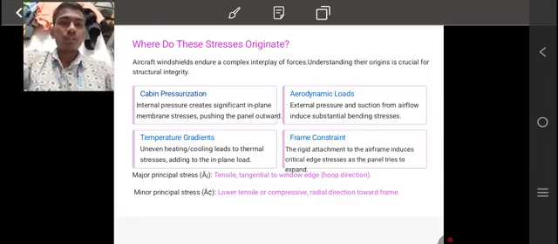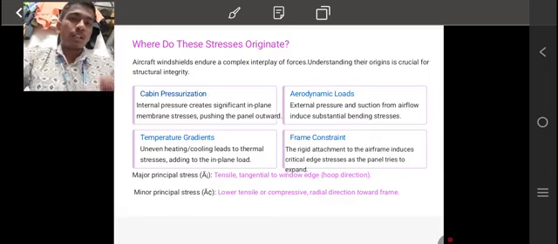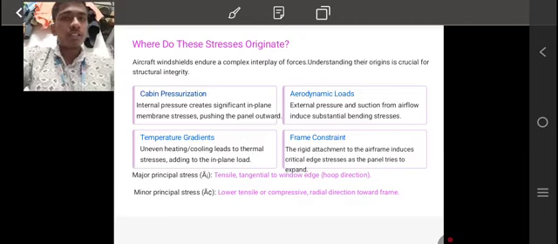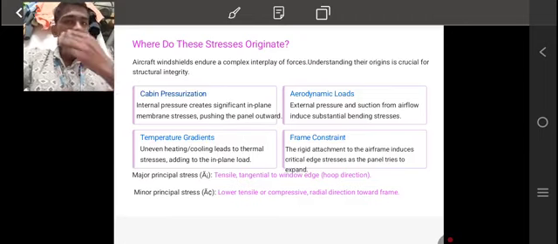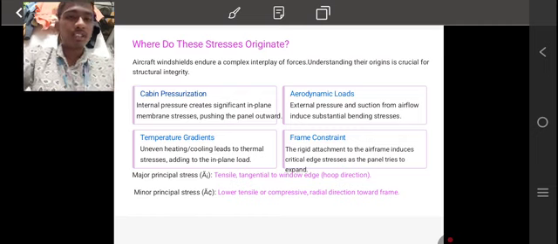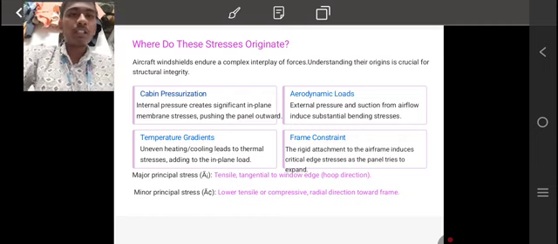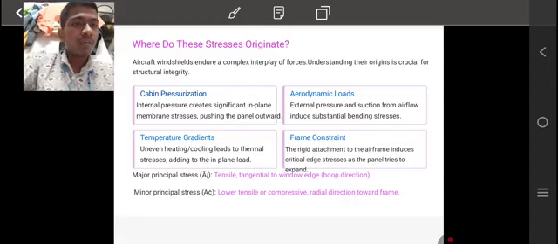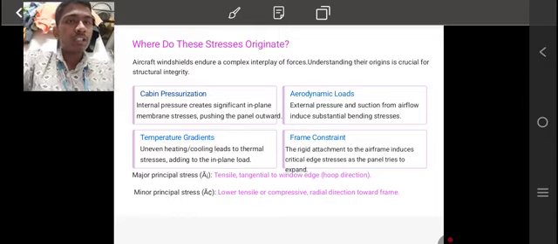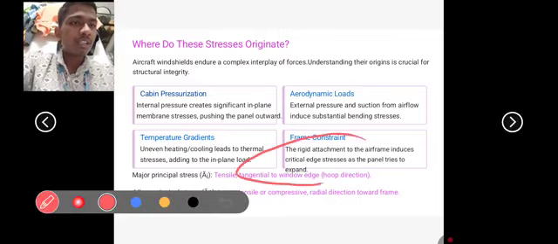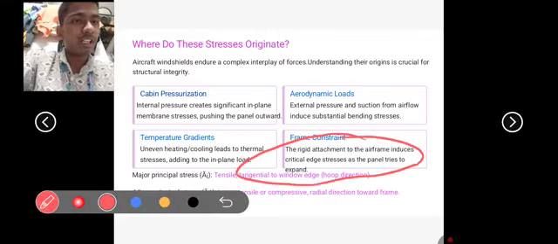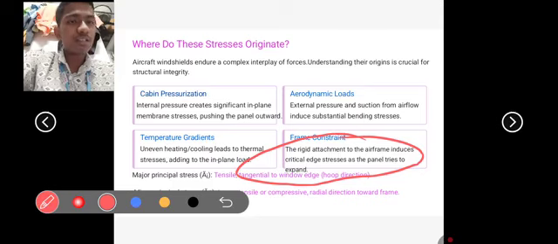Due to this friction, temperature is increasing and there is uneven heating. Fourth is frame constraint. The rigid attachment to the airframe induces critical edge stresses as the panel tries to expand.